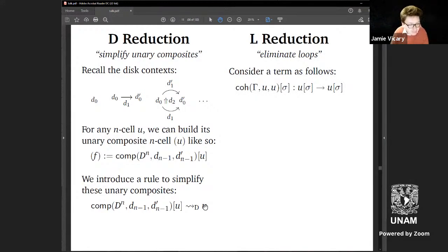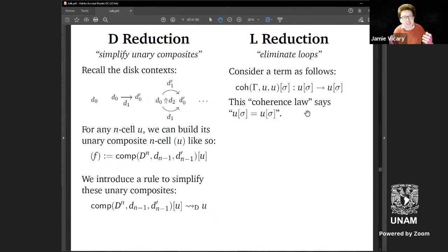Okay, and now for our final idea. The final idea is eliminating loops, which I think of like eliminating useless coherence laws. So consider a term as follows: co-gamma UU. So this is like a law, a bit like an associativity law or a unit law or something that says U is the same as U. Okay, so fine, we can build that, but it's a completely stupid coherence law, right?